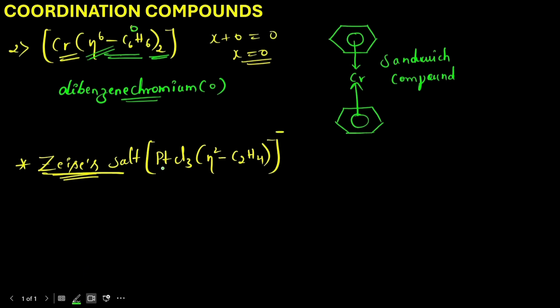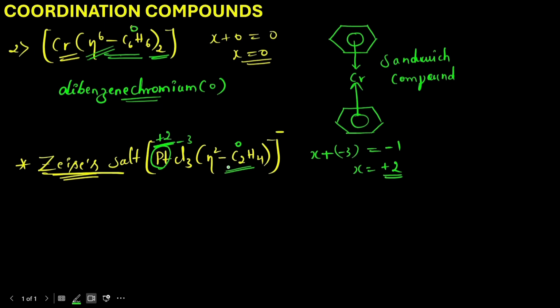Now we will calculate the oxidation number of platinum. We know that Cl will be having -1 charge, -1 into 3, it is -3. Here the charge is 0. Therefore, x plus -3 should be equal to -1. Therefore, x is equal to +2. The charge on the platinum in Zeise's salt is +2.